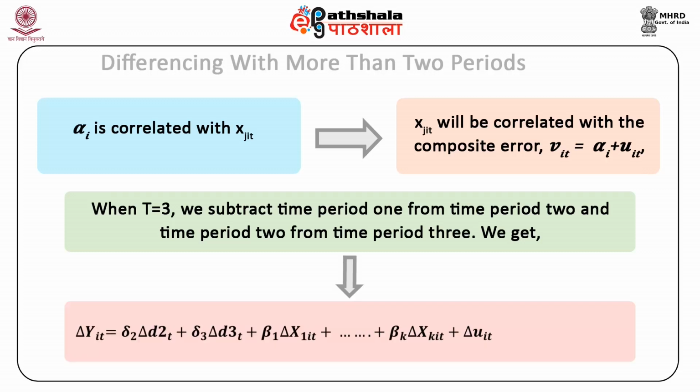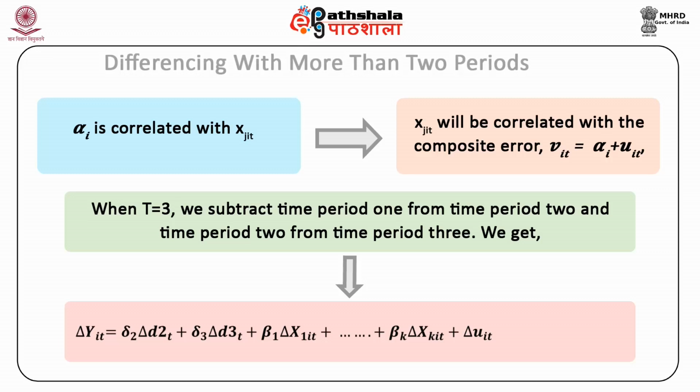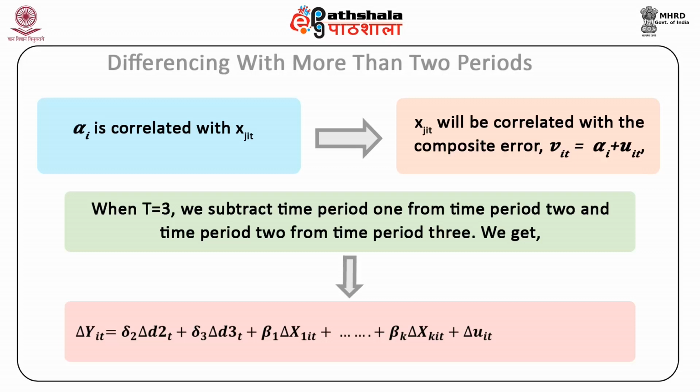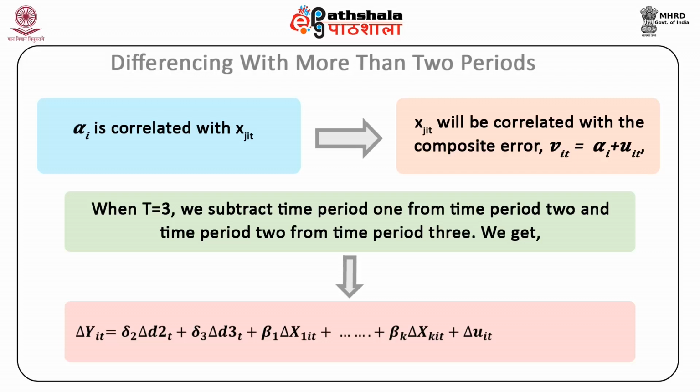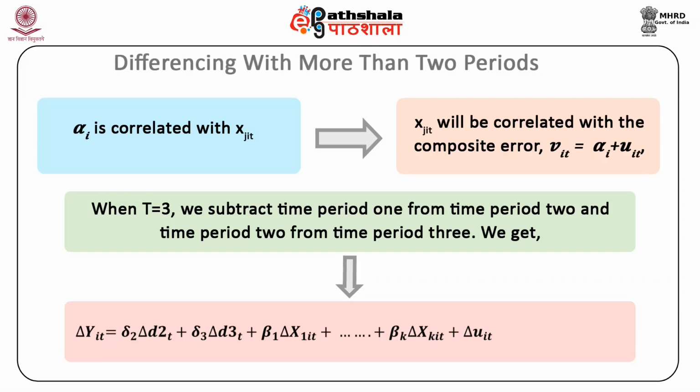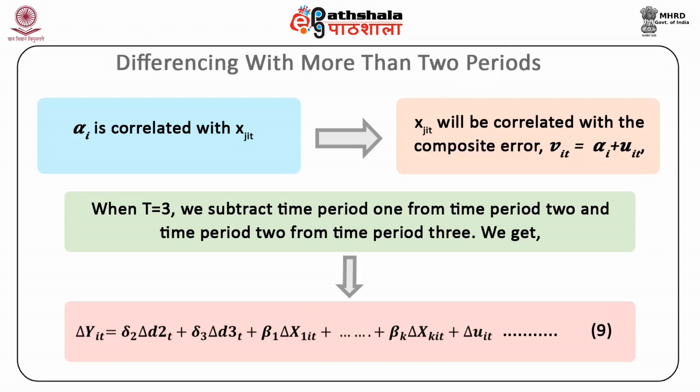We get delta y_it is equal to delta_2 delta d2_t plus delta_3 into delta d3_t plus beta_1 into delta x_1it plus so on up to beta_k into delta x_kit plus delta u_it. This is our equation 9 for time period 2 and 3.